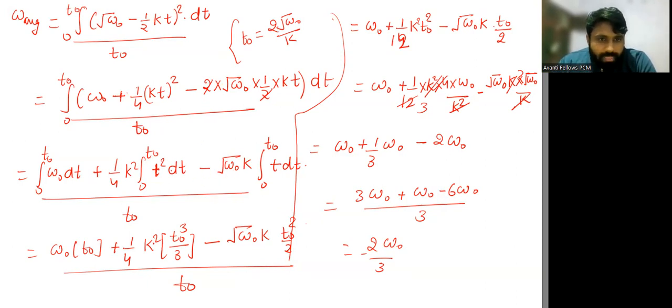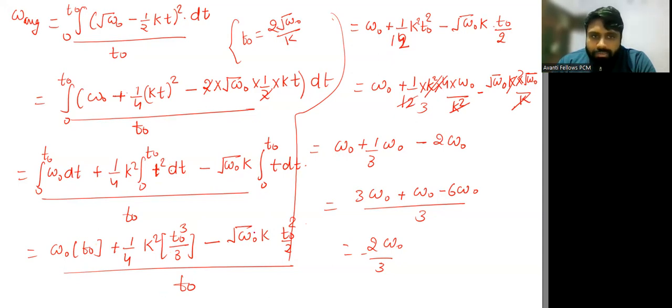Now, omega naught into t naught here plus 1 by 4 times k square t naught square. T naught square will become t naught cube by 3. So it will become 1 by 12. Okay. Into k square. It will become t naught square by 2.